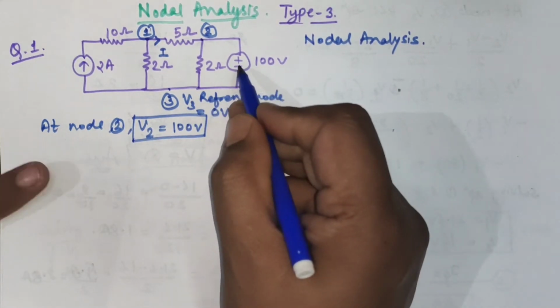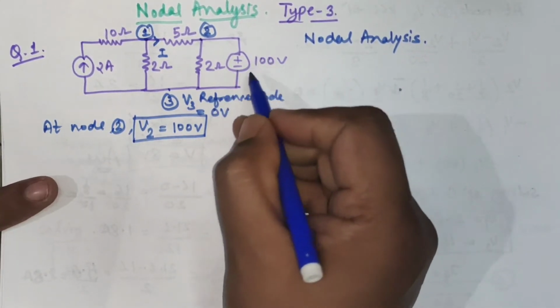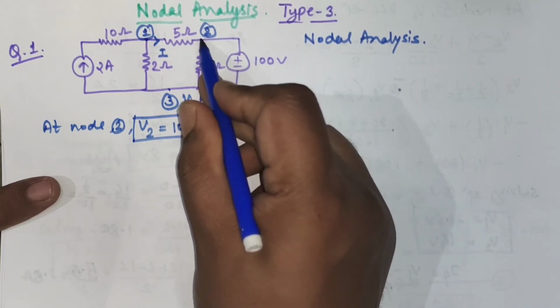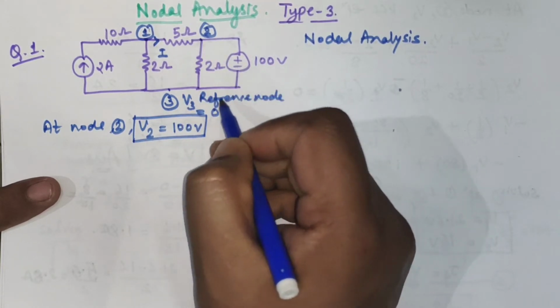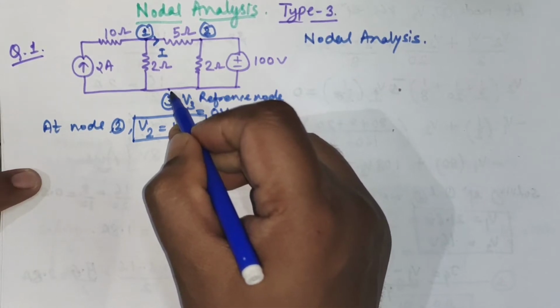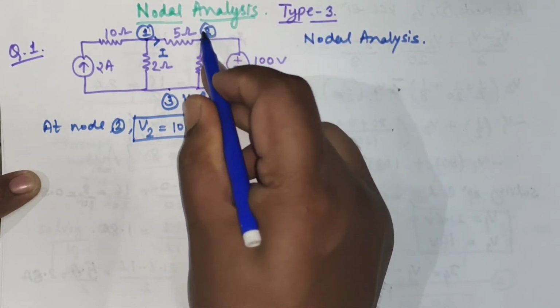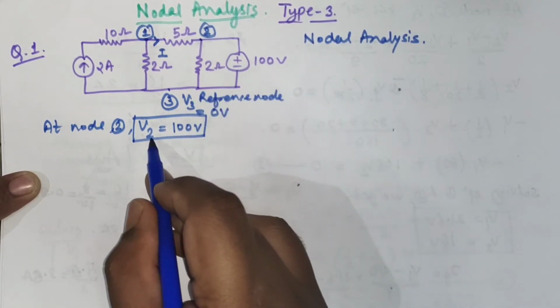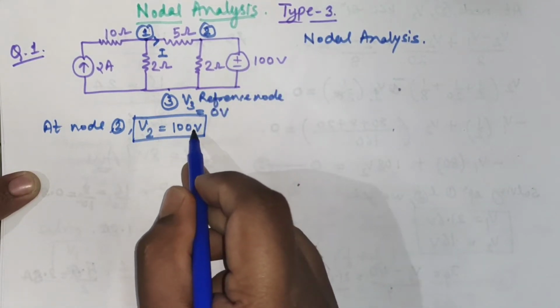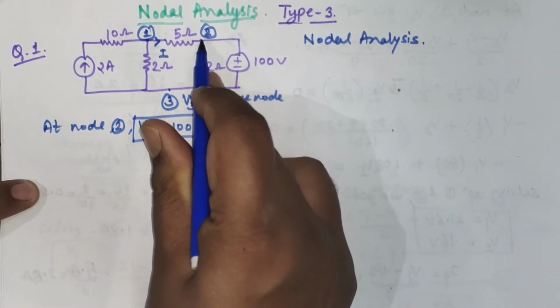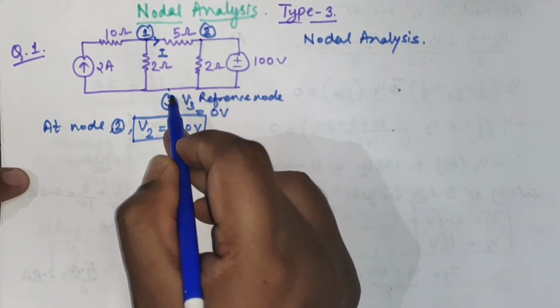In another situation, if the minus terminal is directly connected to node 2 and the plus terminal is connected to node 3, which is the reference node, then the node voltage V2 equals minus 100 volt, because minus is connected to the main node and plus is connected to the reference node.